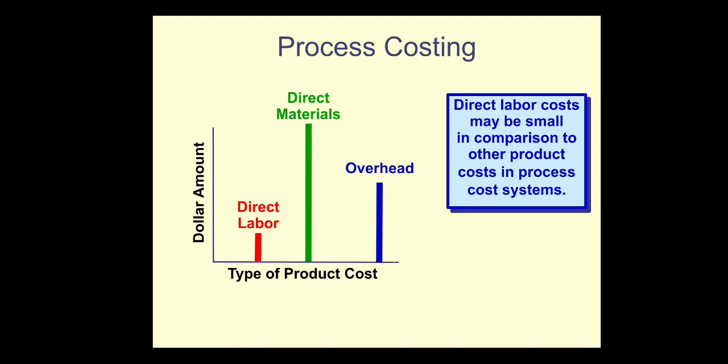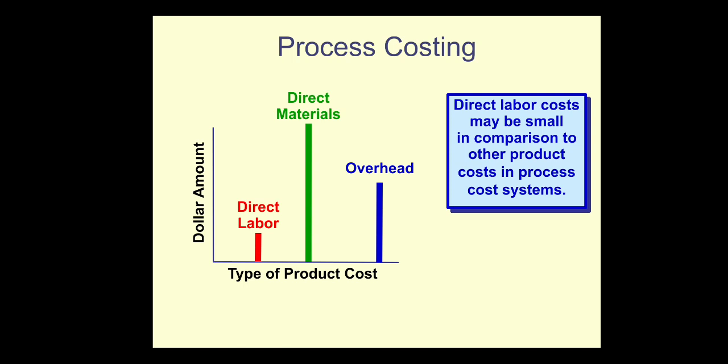If we want to know the cost per unit or cost per bottle of Coke, then the basic equation is cost per bottle of Coke equals direct material cost to produce the soft drink plus direct labor cost to produce the soft drink plus overhead cost to produce the soft drink. This basic equation is the same in process costing and also in job order costing.